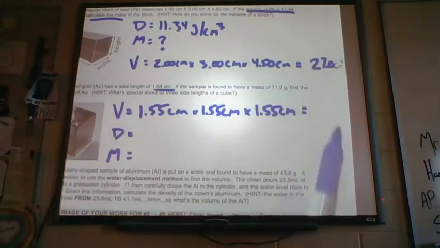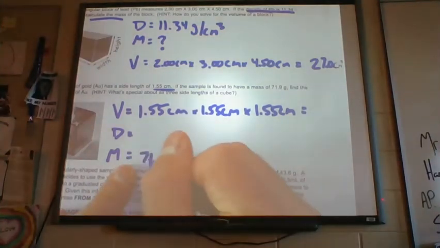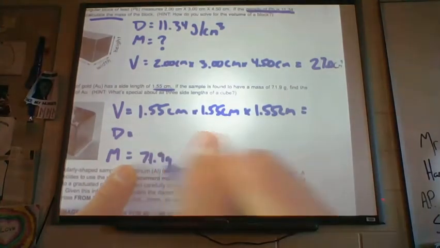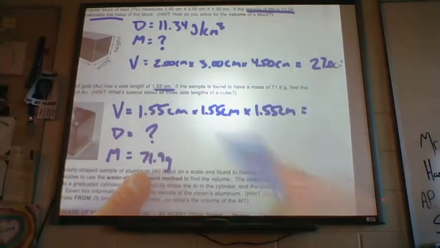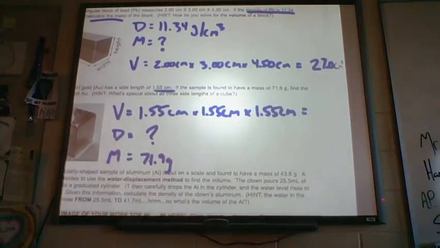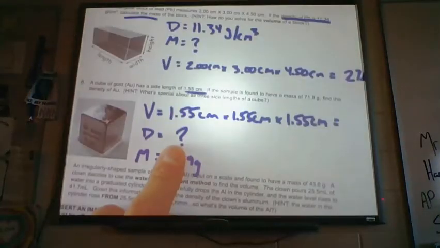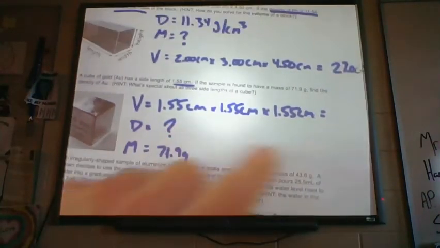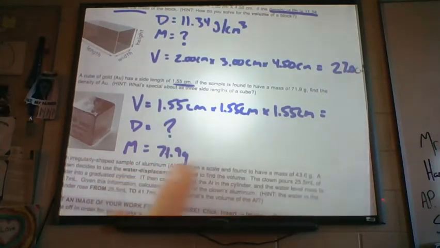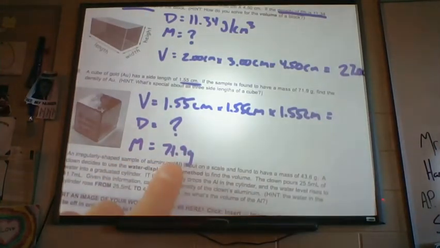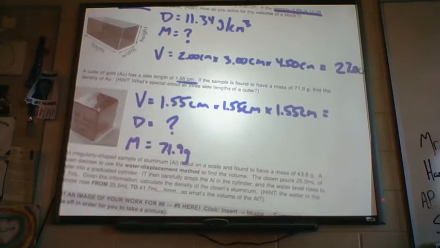Multiply together, and then you're going to get your volume. This problem gives you your mass already. So we are looking for density. So you're actually just going to use the density equation because you're solving for density. All right, so once you find your volume, you already have your mass, you can find density.